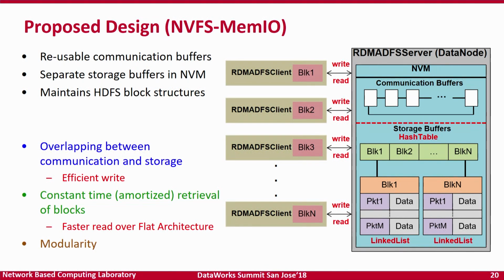This provides constant time retrieval of blocks, and it's much faster than the flat architecture, because you don't need to go through the linked list in the NVM to find a particular block. You can use the hash table that's there, and it's more modular. The main advantage here is that you have very fast read, and there's no need to register all the buffers for RDMA communication.